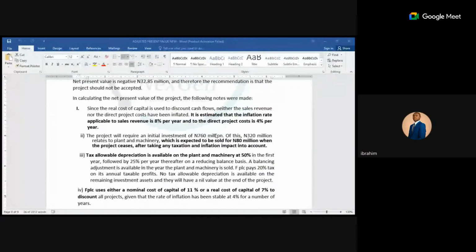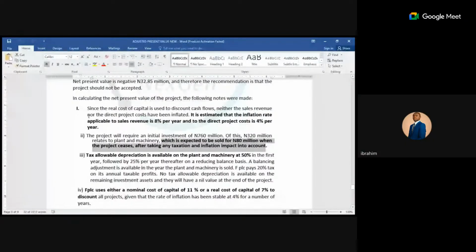The plant and machinery will be sold at 80 million when the project ceases, after taking any taxation and inflation impact into account.